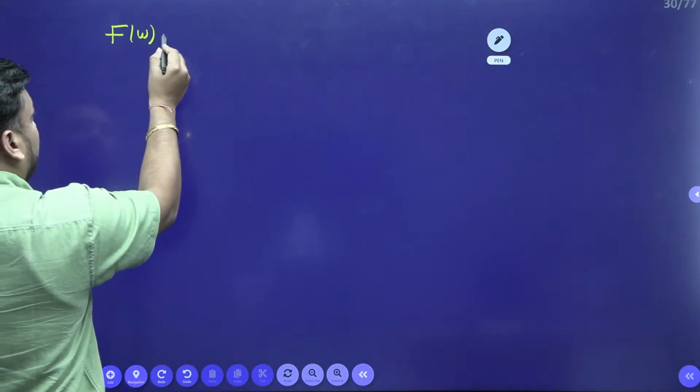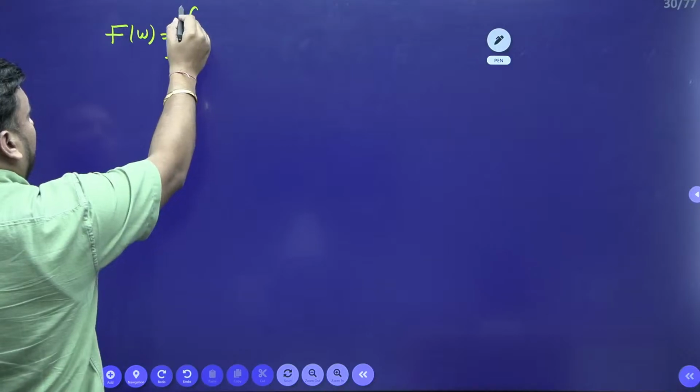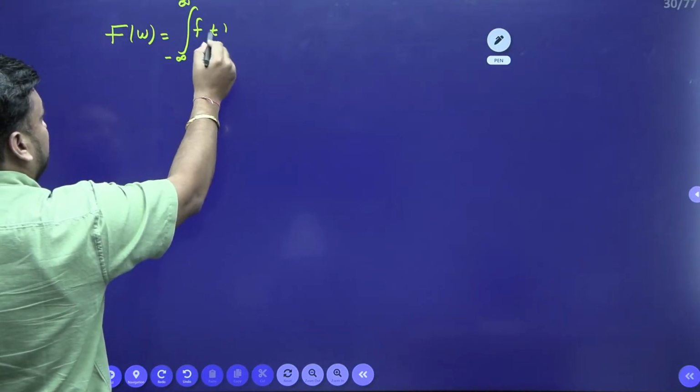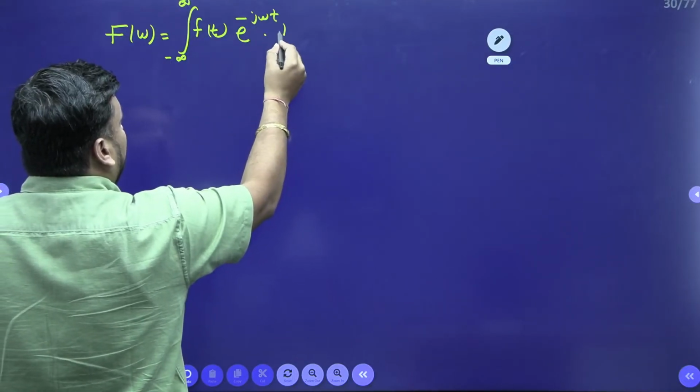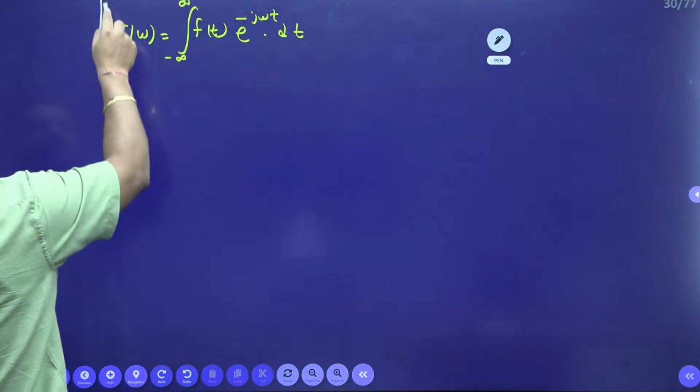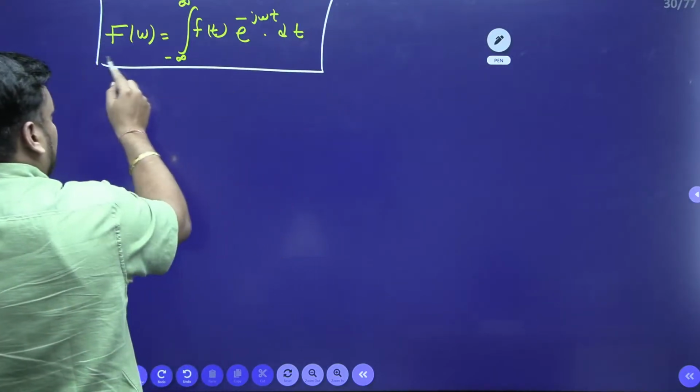This is the Fourier transform formula given in the question, where small f(t) Fourier transform is represented by capital F(omega), with e to the power minus j omega t dt. And one g(t) equation is also given in the question, that also I am writing here.